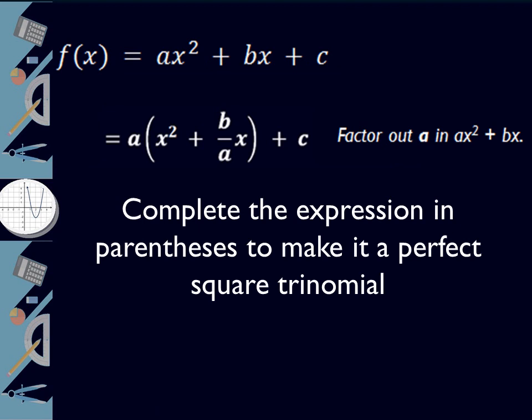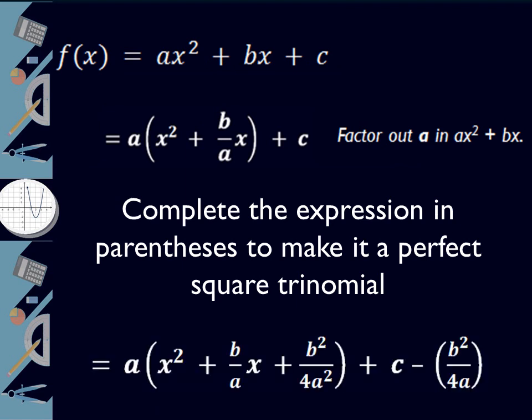And then we are going to complete the expression inside the parentheses to make it a perfect square trinomial. So we have a times x squared plus b over a x plus b squared over 4a squared, plus c minus b squared over 4.